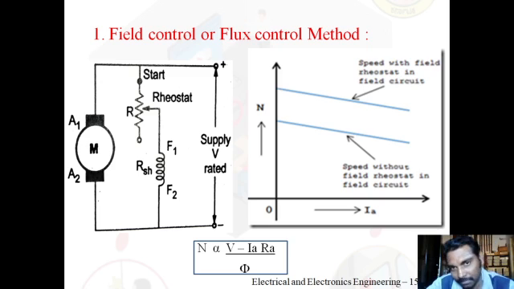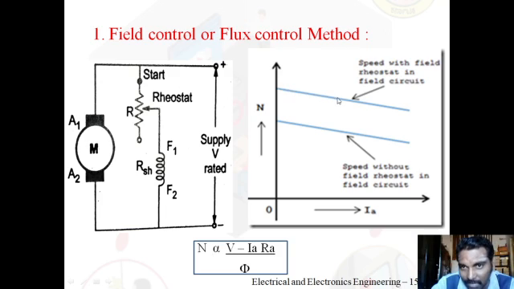Now what will happen? Now as usual, the load on the motor is varied. As the load on the motor is varied, the current drawn from the supply, the armature current, increases. As Ia increases, IaRa increases. As IaRa increases, V minus IaRa decreases. Because of this decrease, the speed, which is directly proportional to that, decreases.